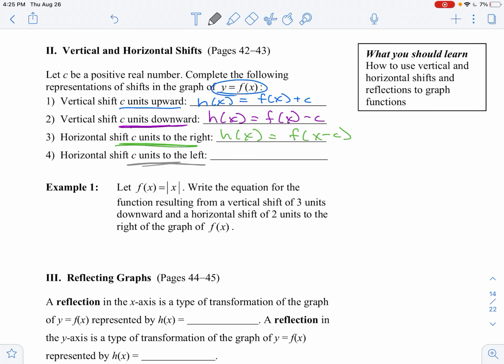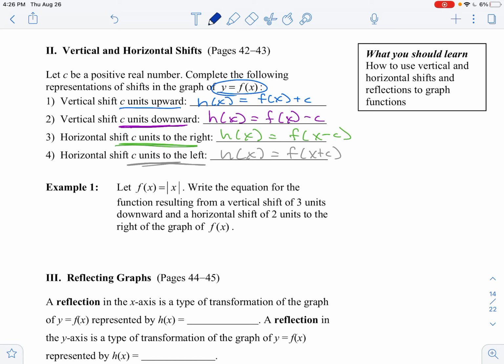And if it's to the left, then it'll be f of x plus c also inside the parentheses. So remember, in the parentheses tells me it's horizontal. If you had me last year, we call that funky town, where minus c looks like it should be to the left, but it's really to the right. Plus c feels like it should be to the right, but it's really to the left. And then outside of the parentheses is just pretty normal.